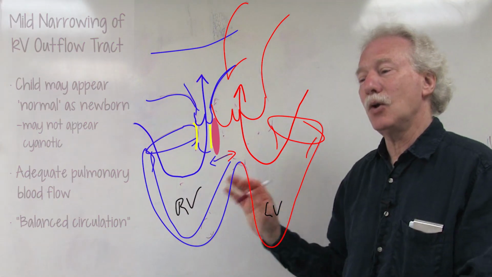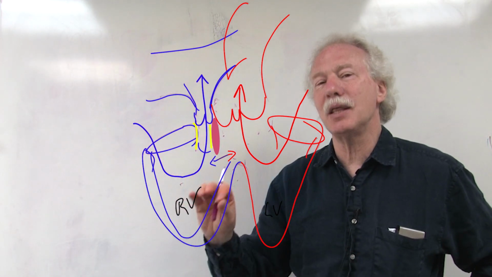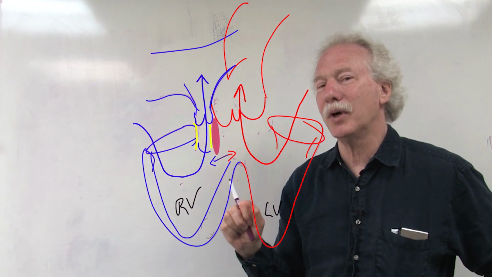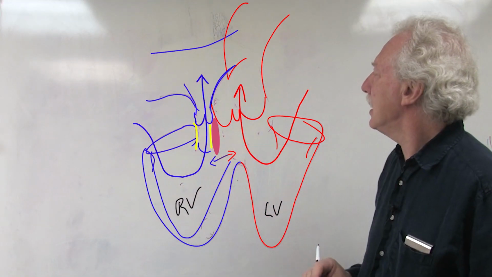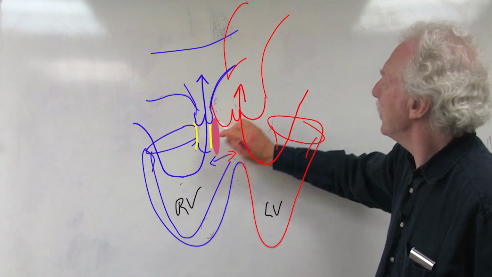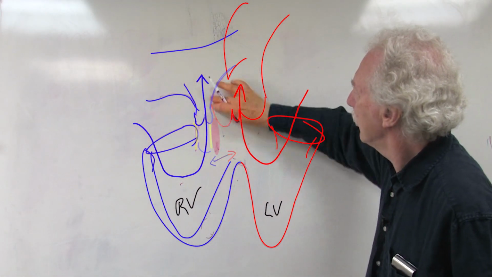So let me just jump ahead to show you the two extremes, and then we'll come back and look in a little bit more detail at both. Let's say that in Tetralogy of Fallot, there was very little malalignment of the conal septum.